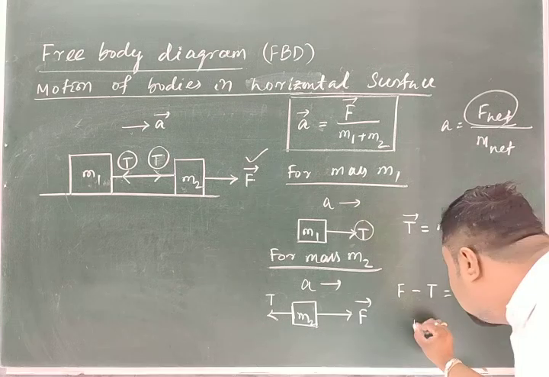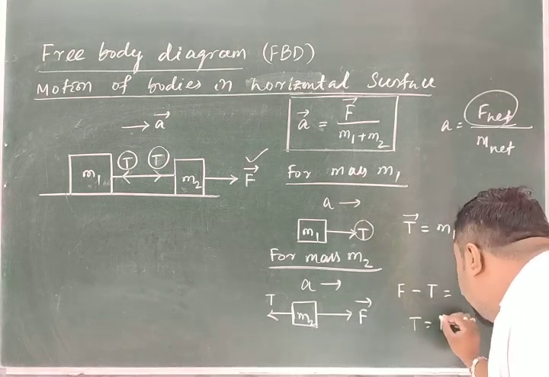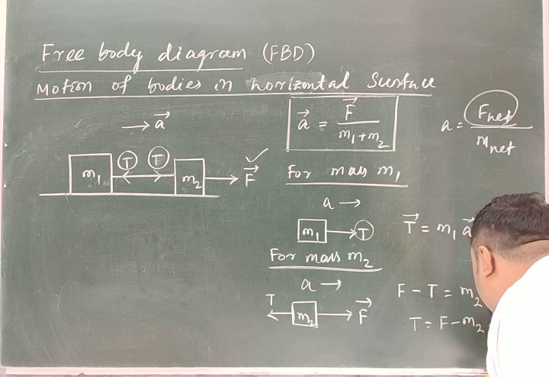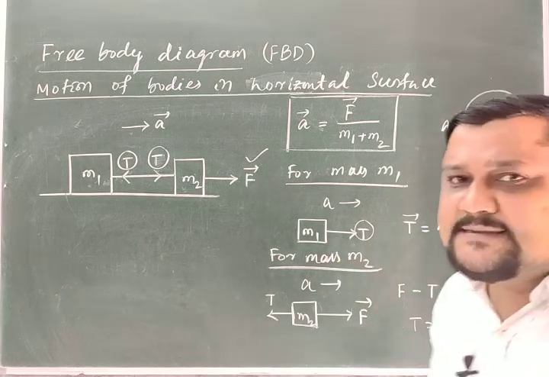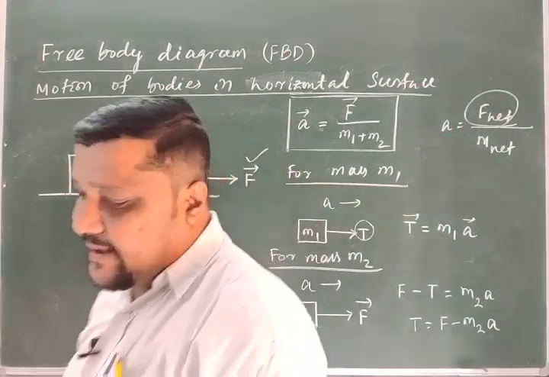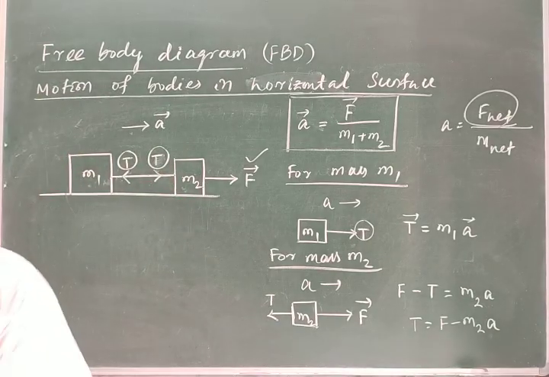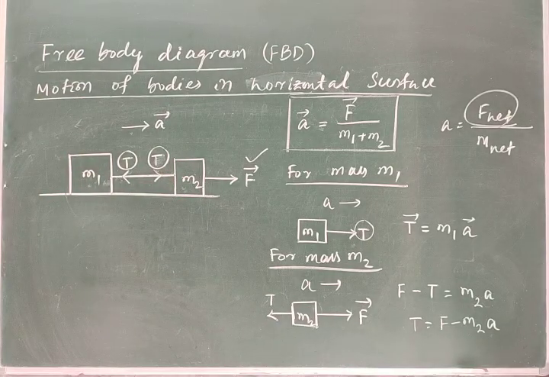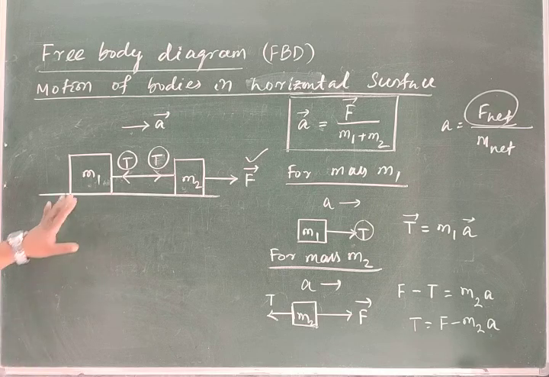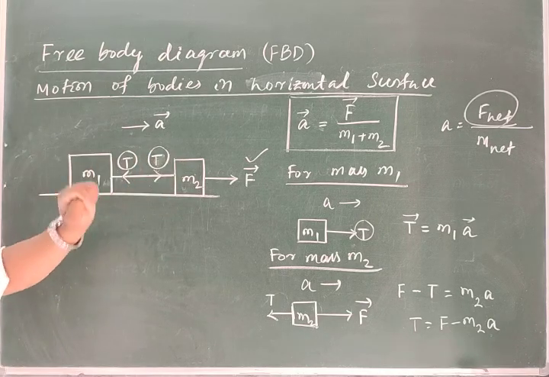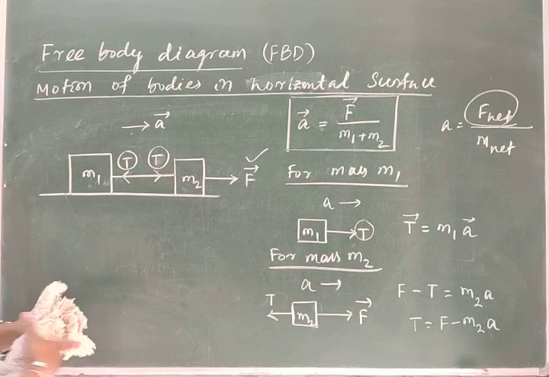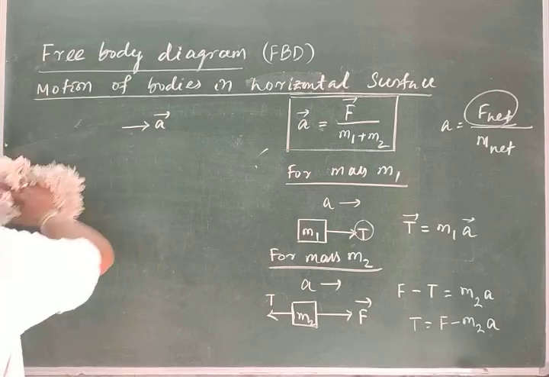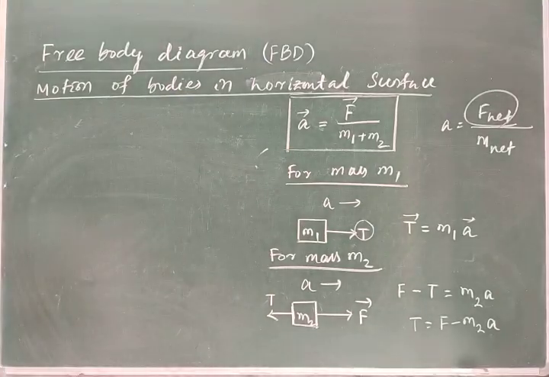So here also you can get T is equal to F minus m2a. And if you put A is equal to F by m1 plus m2, then you will get the same expression, T is equal to m1 into A. Clear? So T is equal to m1 into A. Now already you got the expression for acceleration and tension. If this is the same case, but with three bodies on a horizontal surface, then you use the free body diagram.